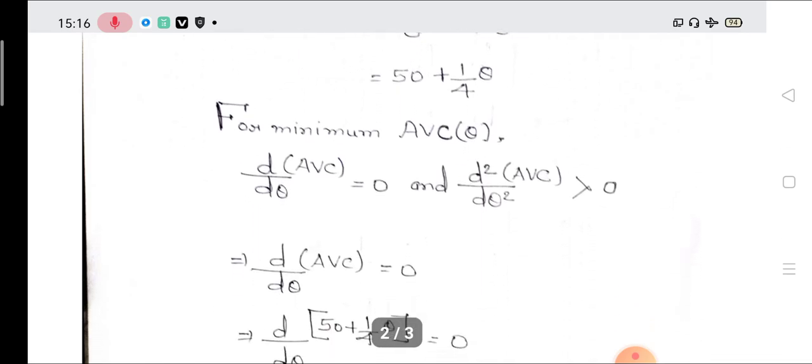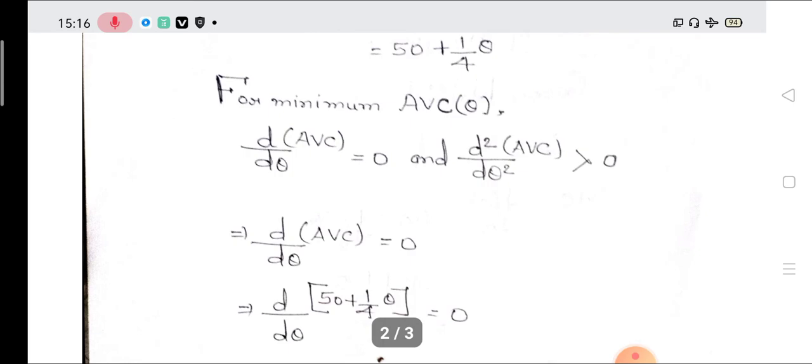For minimum AVC, which is a function of q, two conditions must be fulfilled. First order condition, the derivative of AVC with respect to output q equal to 0, and second order derivative of AVC with respect to q greater than 0.